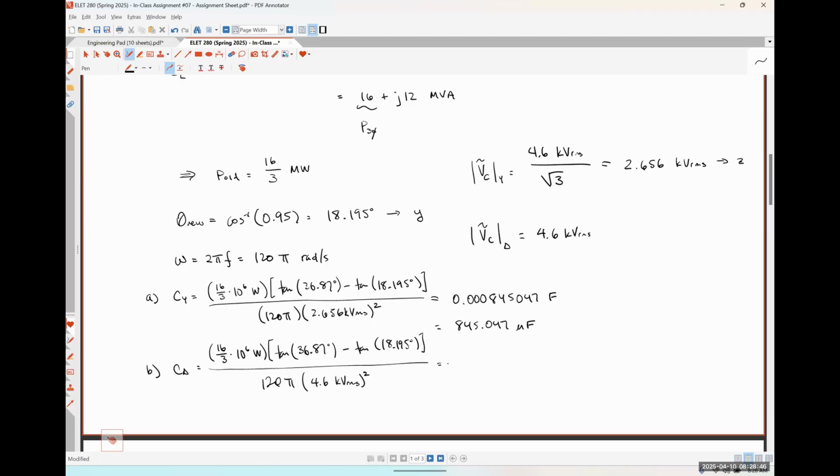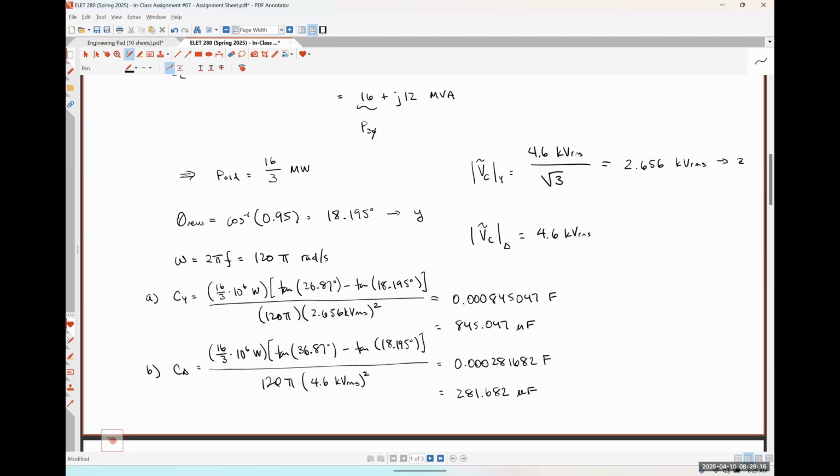So let me just go back up to here, and where I had Z, I'm just going to type in 4600. And I wind up getting 0.000281682 farads, or 281.682 microfarads.